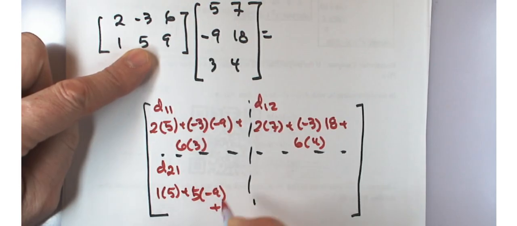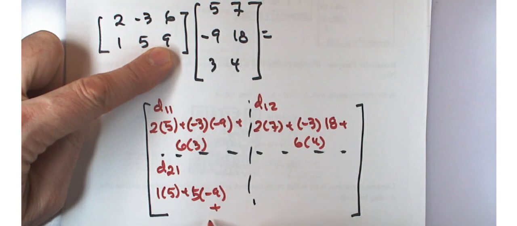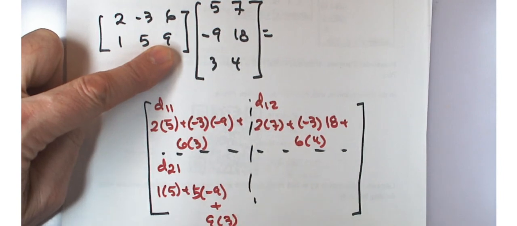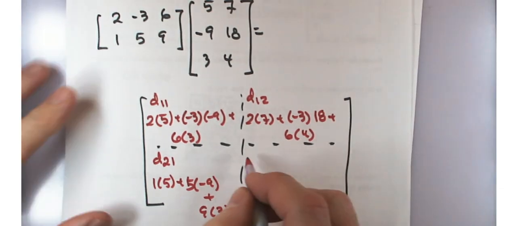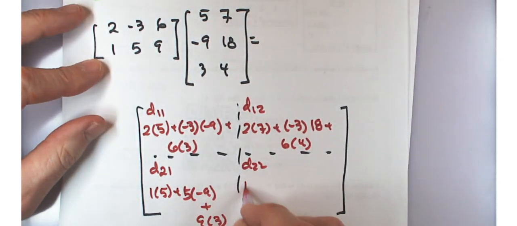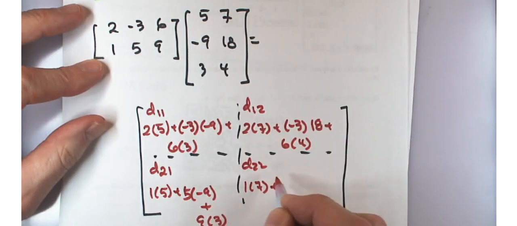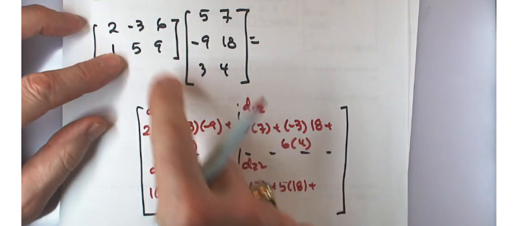And finally, 9 times 3. Last one, that's going to be D22. Second row, second column, so we're going to get 1 times 7 plus 5 times 18 plus 9 times 4.